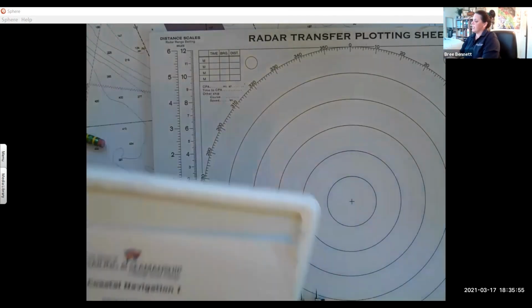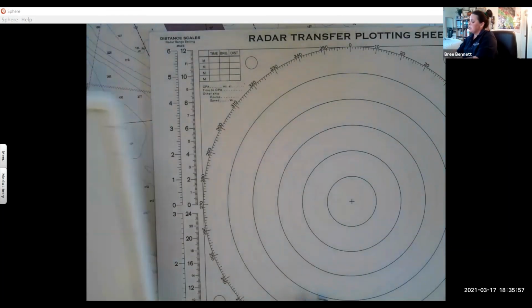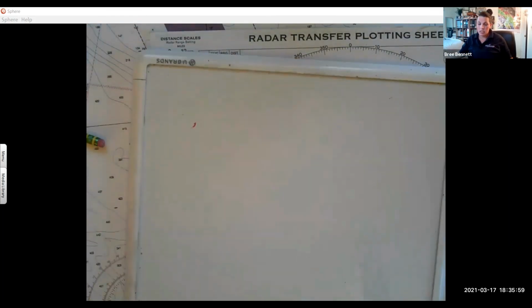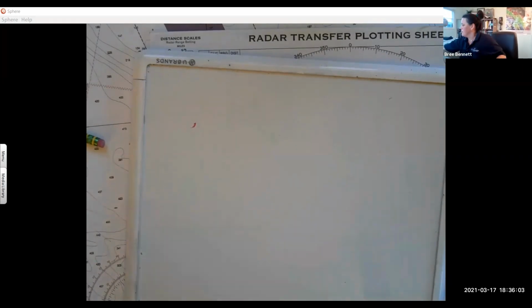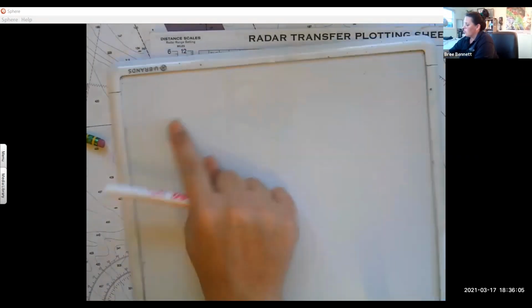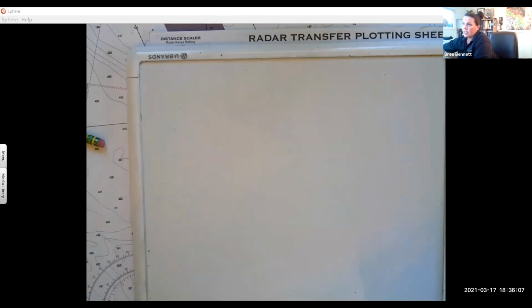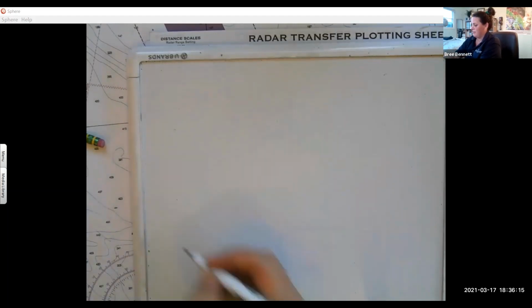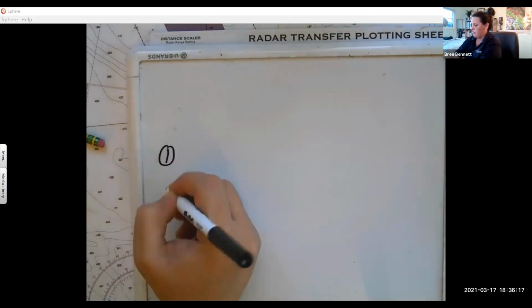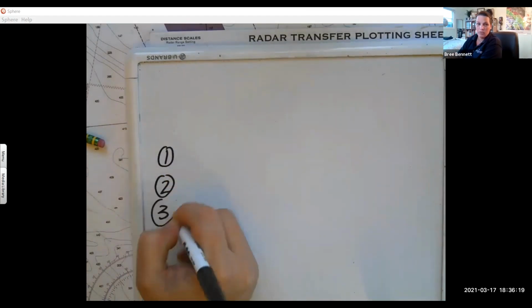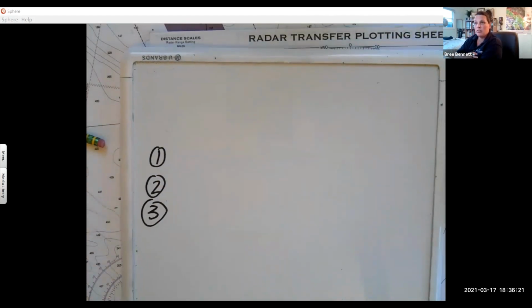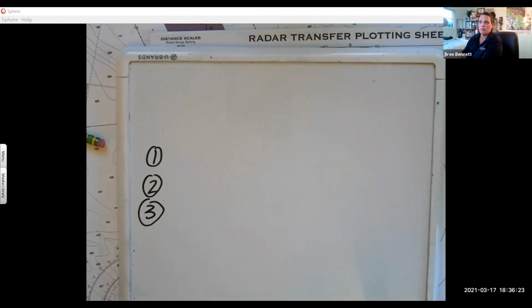Just as a quick review for our vector triangle, what are the 3 legs of the triangle? One, 2, 3. Can you guys see my whiteboard? I just wanted to confirm that. Okay.